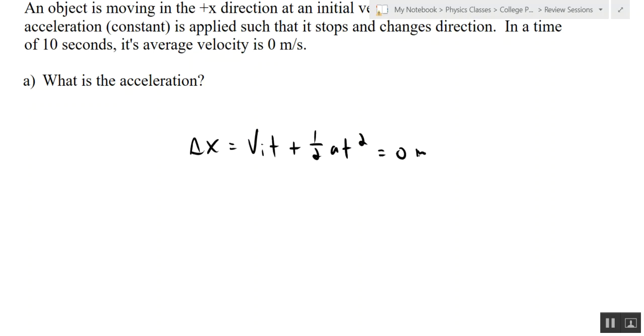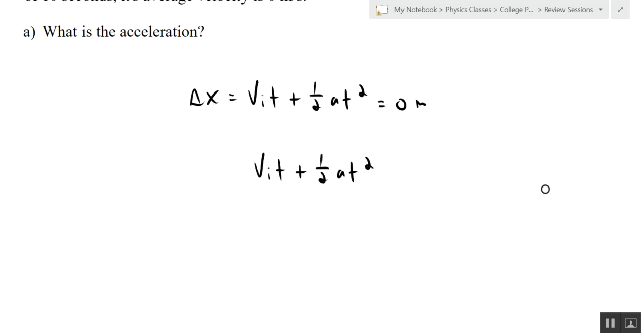So then you just solve for A. There's different ways of doing this, but you got to subtract something. I'll do it like this. So you subtract maybe VIT from both sides. VIT is equal to 1/2 AT squared.